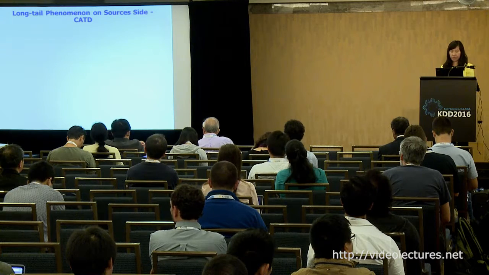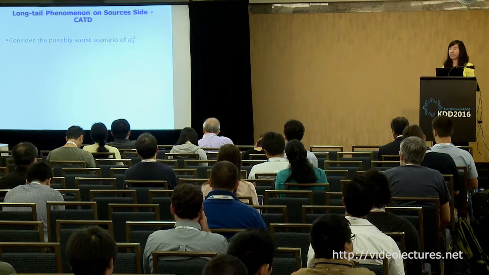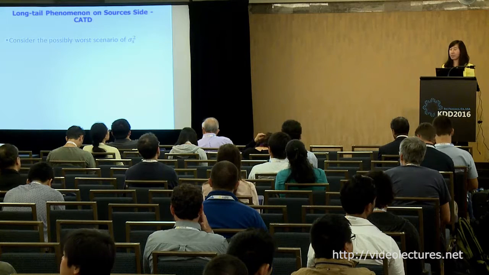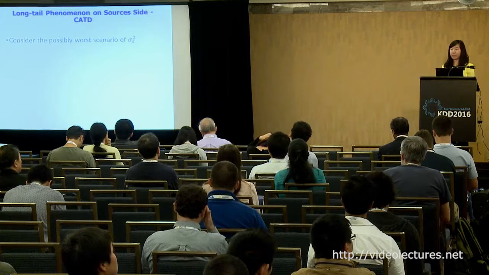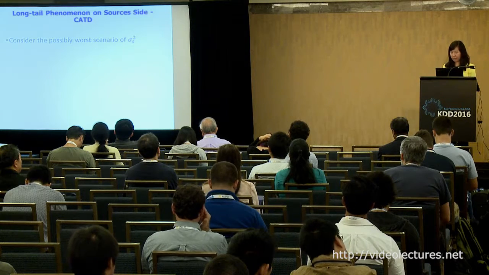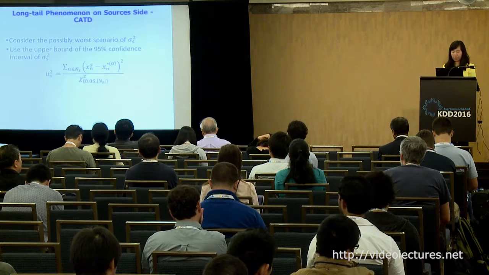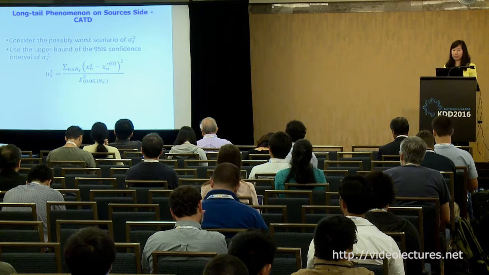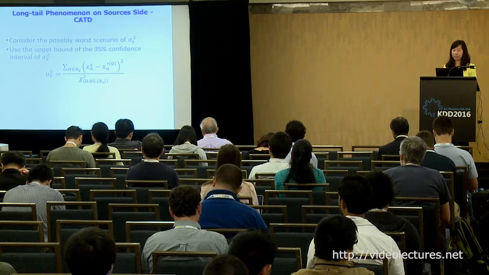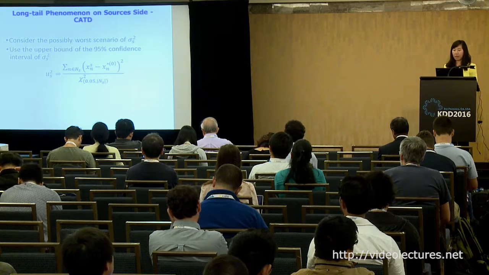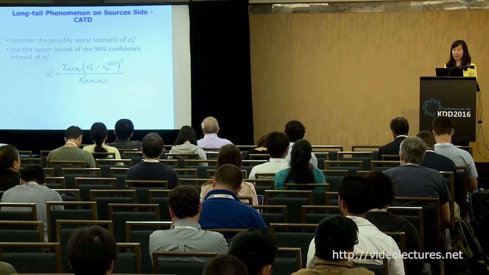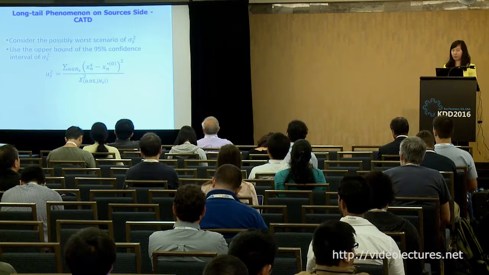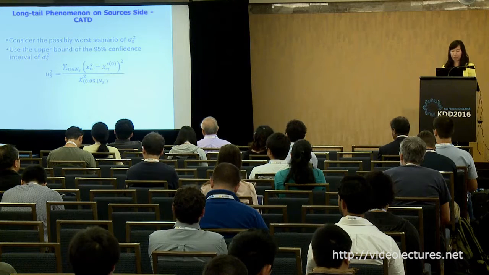And then based on this knowledge, we can consider the possibly worst scenario of this sigma_s squared as a candidate for this sigma_s squared. So basically, we use the upper bound of the 95% confidence interval of this sigma_s squared. We call it u_s squared, which can be derived in this way.